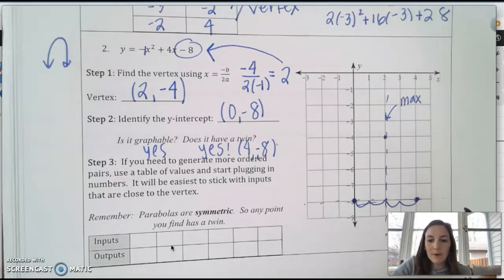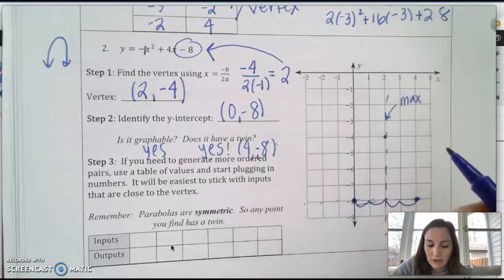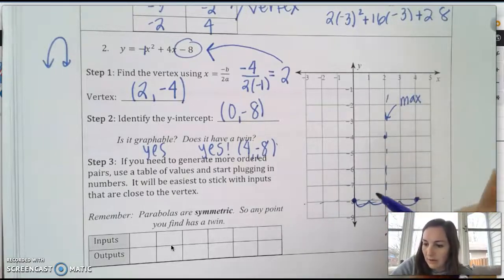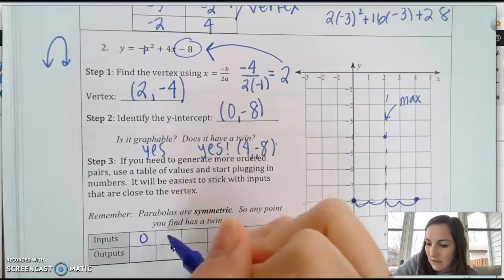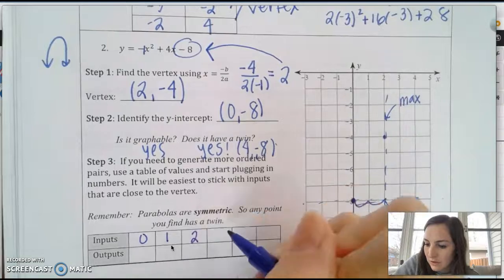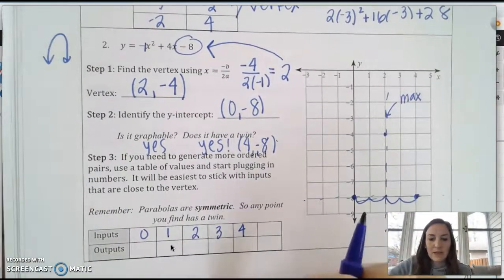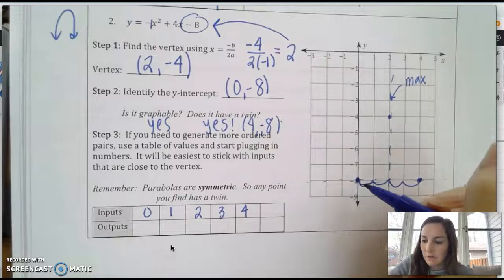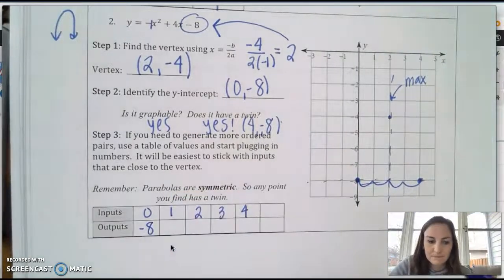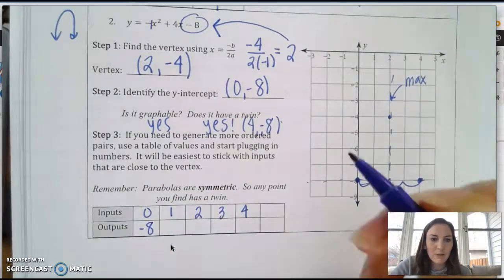So we need more points here. This is not enough. So we want to make sure, again, we're going to go to the left and right of our graph. So we already know we have 0, 1, 2, 3, 4. That'll be enough. And 0, we already know is -8. And we'll plug in 1.